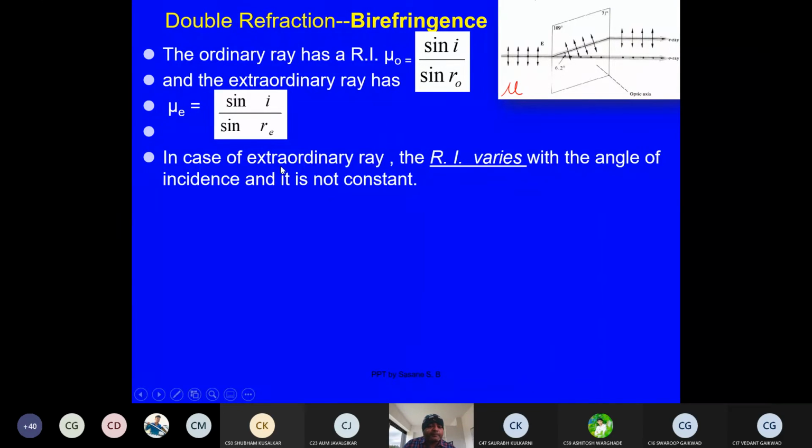In case of the extraordinary ray, the refractive index varies with the angle of incidence and is not constant, which I have already told you. Now, what is birefringence?